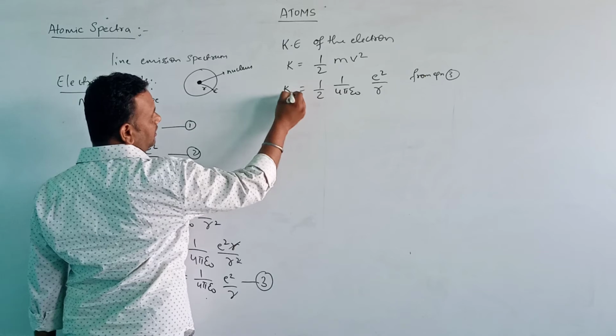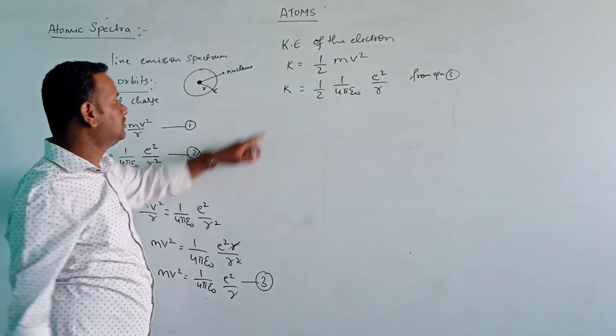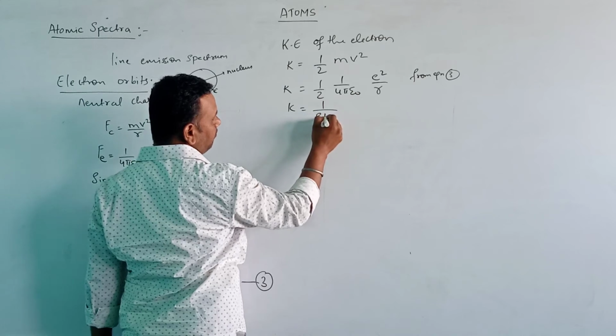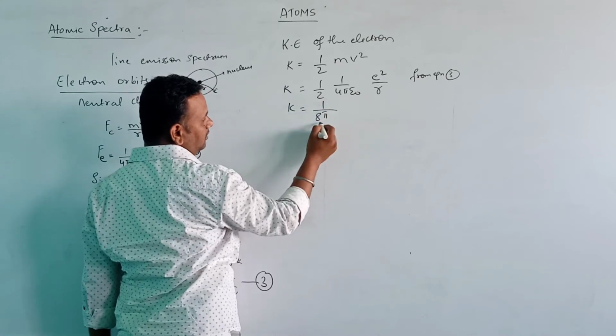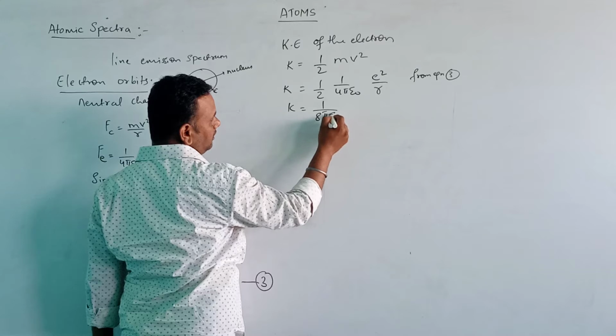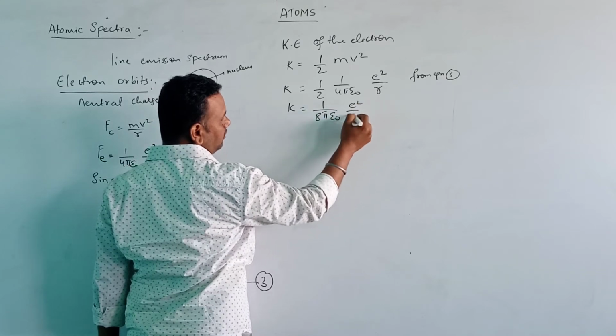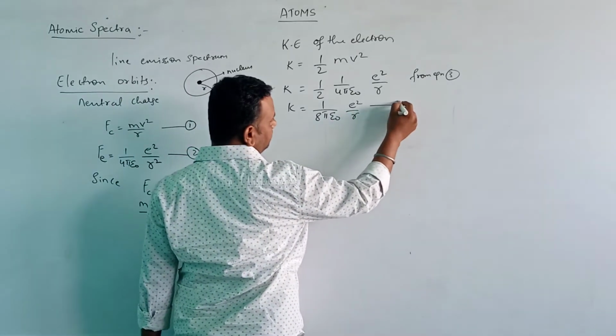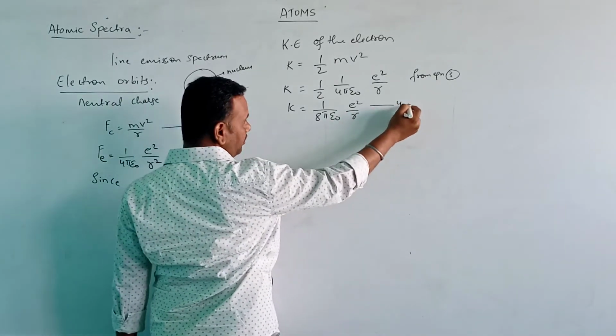So the kinetic energy of the electron is K equal to 1 by 8 pi epsilon naught e square divided by r, as 2 4s are 8. Take this as equation number 4.